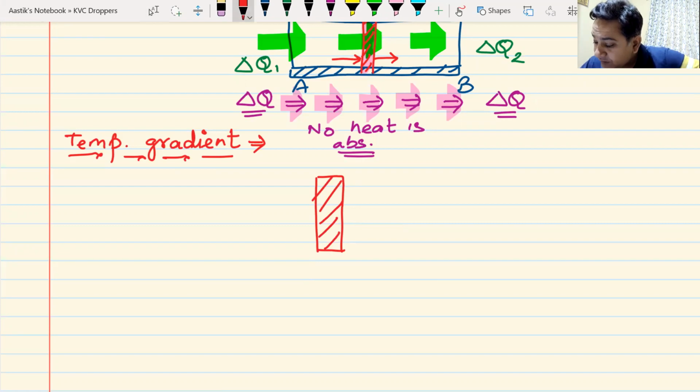This is the section that I have taken. Let me call the difference of temperature between the two ends as dt, or if I don't want to call dt, let me call it d theta, because we are using theta for temperature. The width of this section is, let us say, dx.